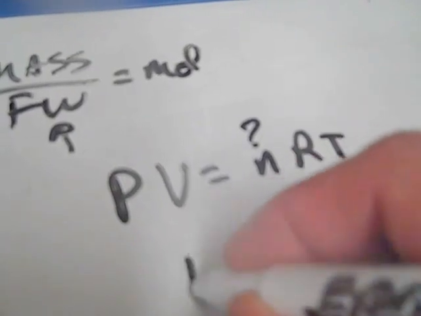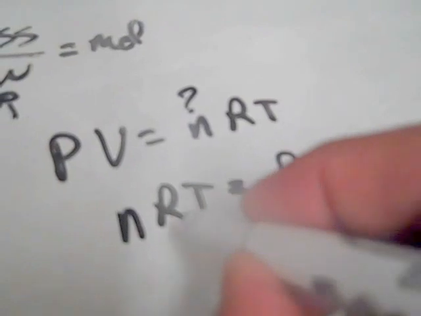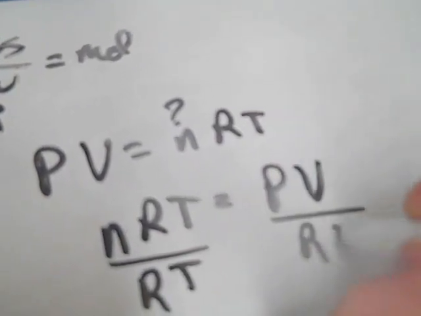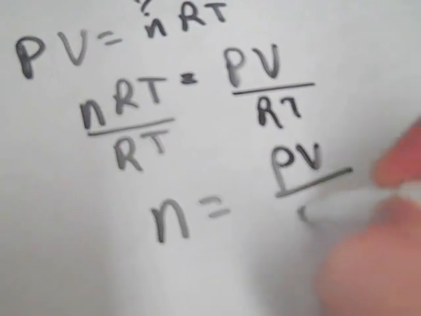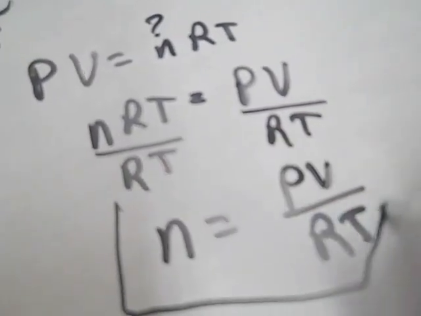So nRT is equal to PV. Divide both sides by RT. This is like saying n is equal to PV over RT, and that's how you determine the number of moles.